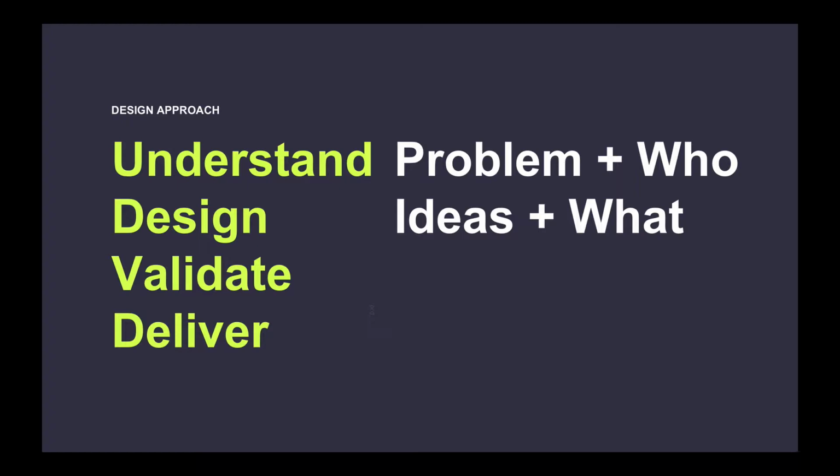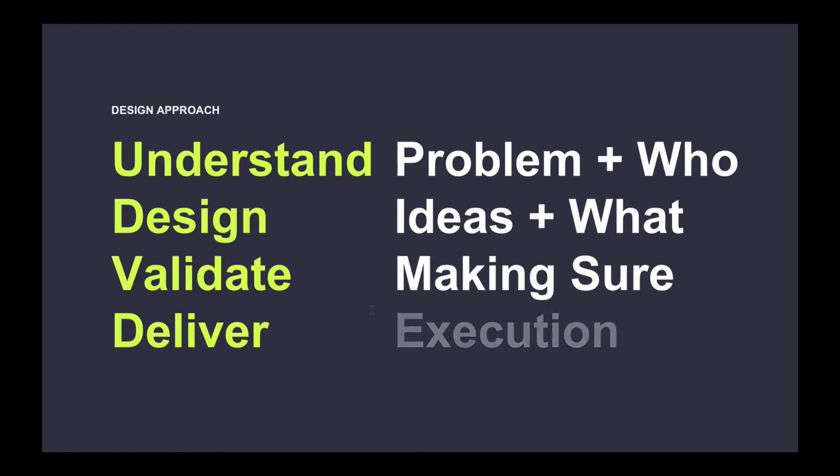Validate is an equally important step in that this is really what we call the making sure. So this is typically a prototype. So before you commit to all of the resources and materials necessary to build something out, putting together a prototype, going back to the audience and saying, hey, did we get this right? What is your feedback? And being able to create an iterative solution or process before you commit is an important step.